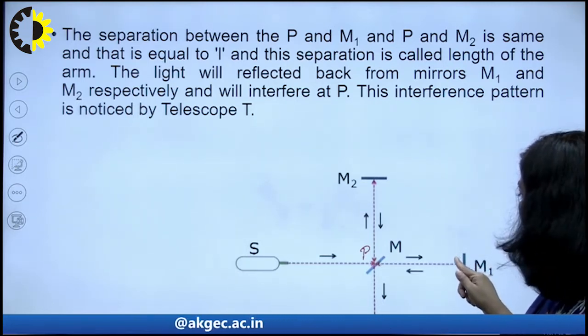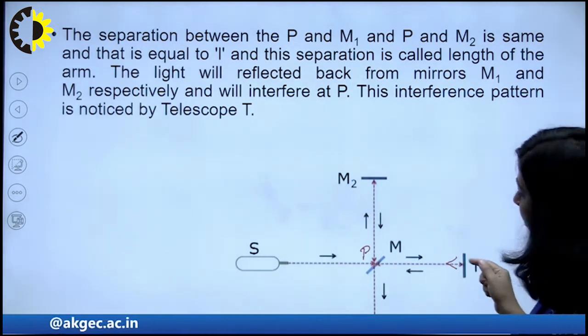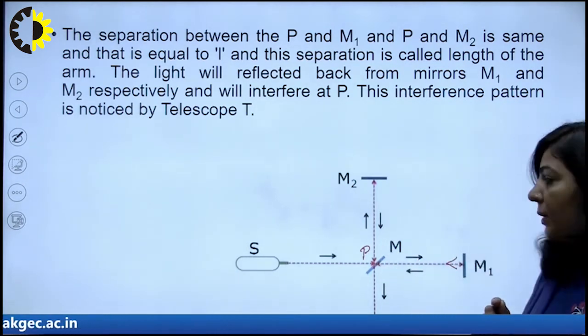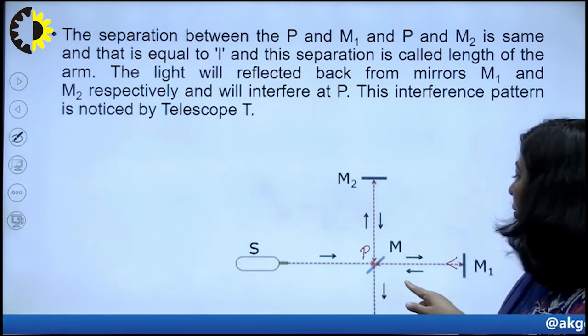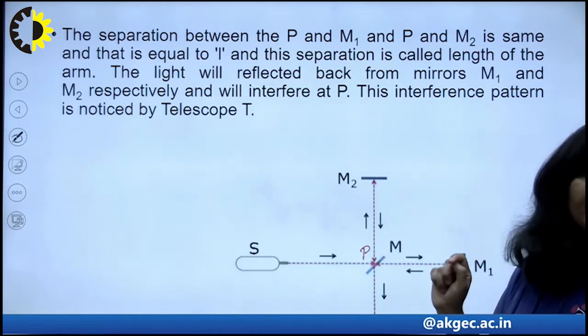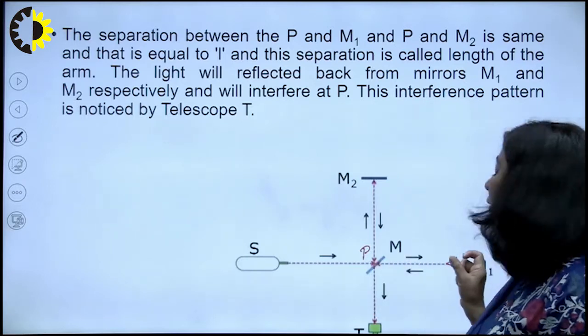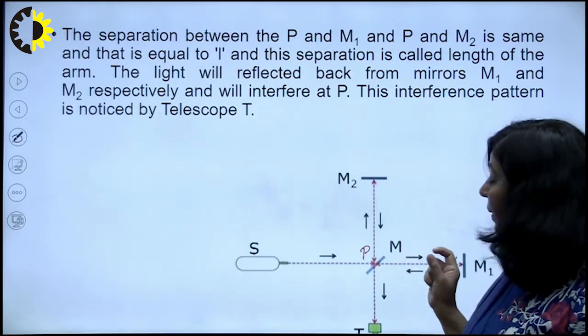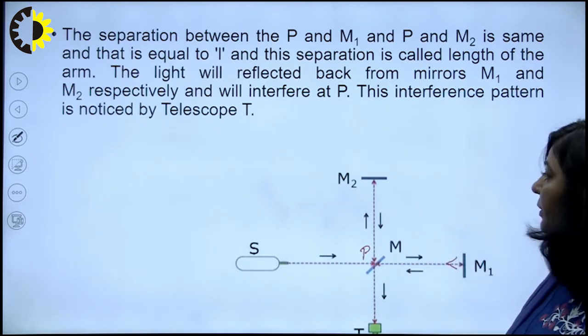So light will be reflected back by M1, follow the same path again, and reach this glass plate. It means during the forward journey the light will travel an optical path L, and during the backward journey again an optical path L. That is for your transmitted ray.